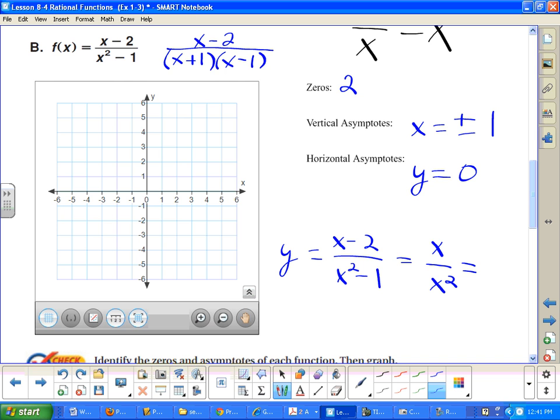So what happens when I simplify x over x squared? What do we get then? We get an x, but where's the x at? Denominator. So I have 1 in the numerator, right? Okay. So think about it this way. What happens as the value of x gets bigger and bigger and bigger?